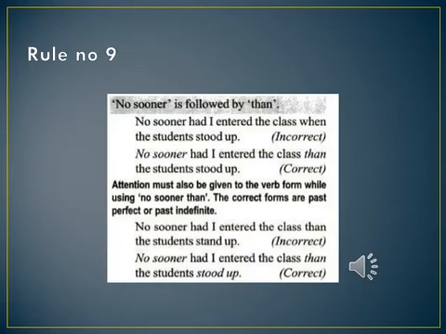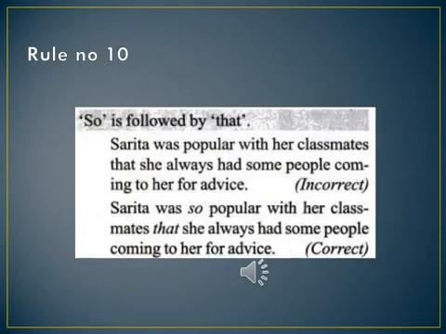If past perfect is used in one clause, in another clause you have to use simple past, which is also called past indefinite. Rule number 10. So is followed by that. Such as, such that, now so that.